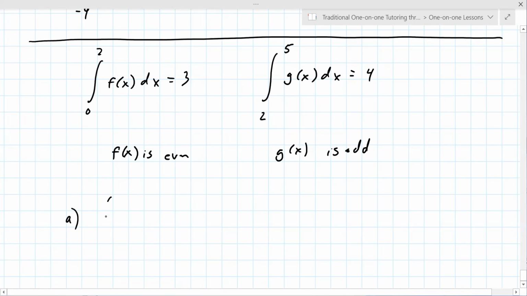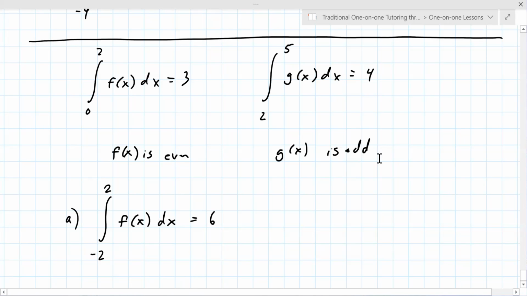They have to tell you whether it's even or odd in this case. So this one is just, what's the integral of f of x dx from -2 to 2? It's 6. Now again, some of these things matter. If I just ask you for the integral from 0 to 5, I'm sorry, I can't do that. Actually, this was a bad example. I can't do anything more with this one.